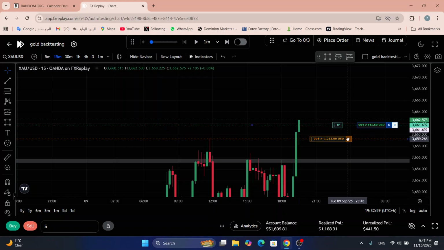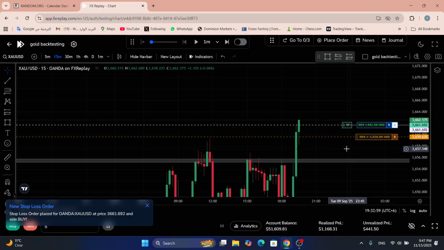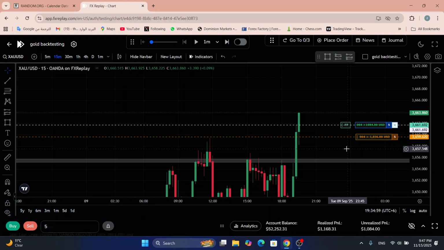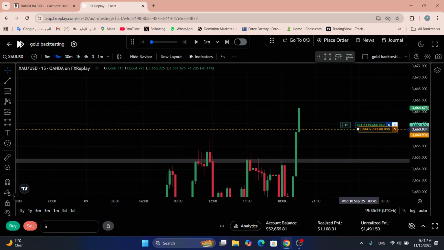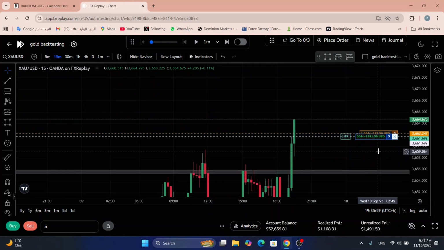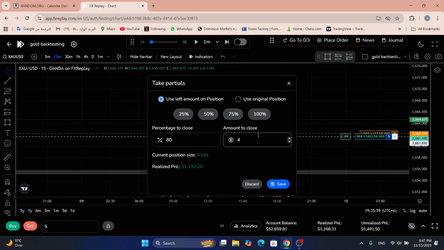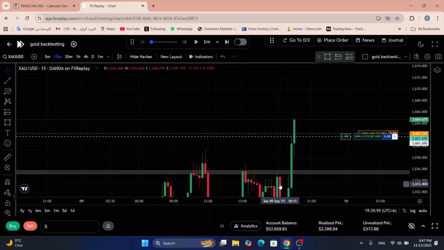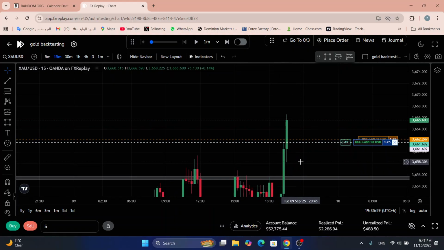Okay, so now the stop loss is going to be like here for about 2%. Okay, now stops to break even, and let's secure something around 75%. Let's secure that and leave the rest to run.